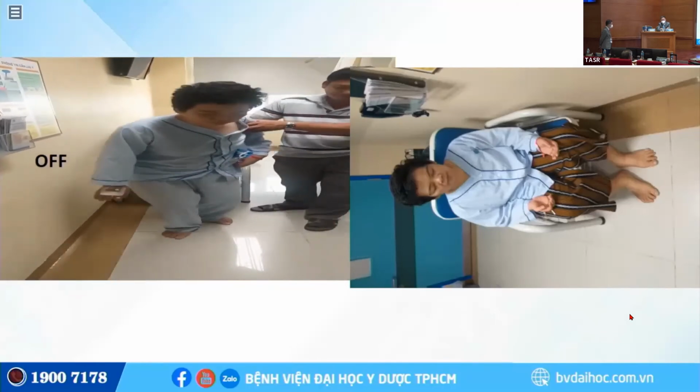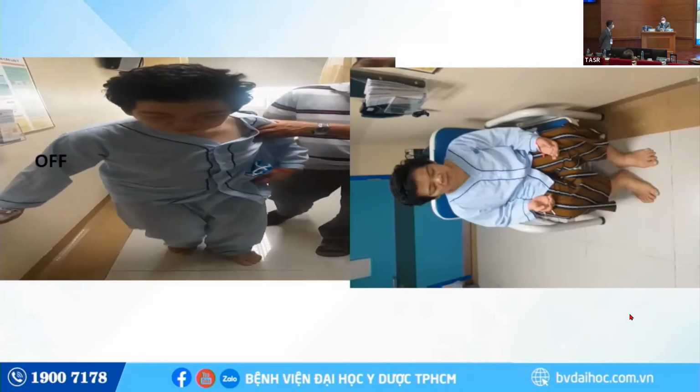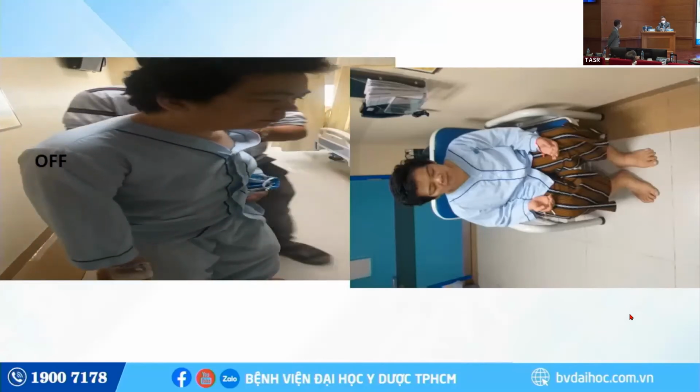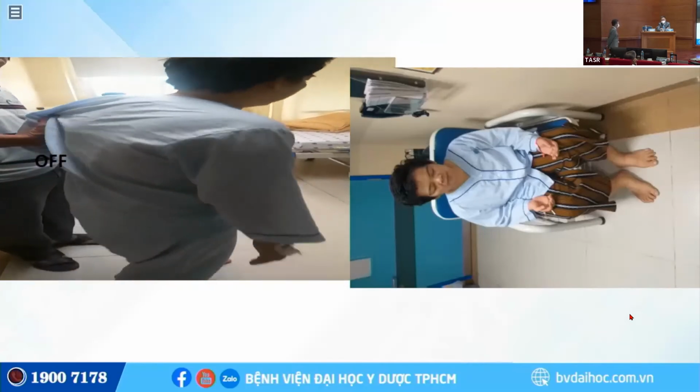She also has an ataxic gait. She needs assistance to walk.